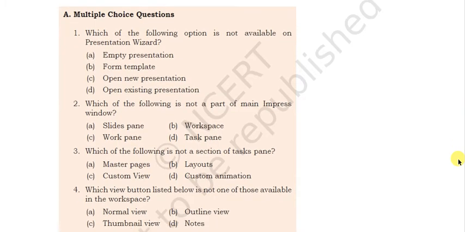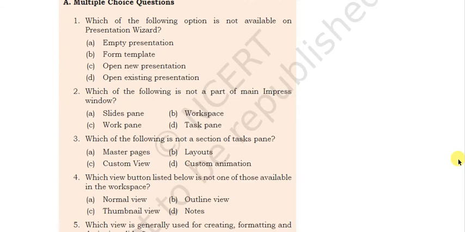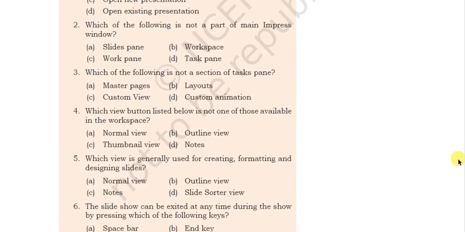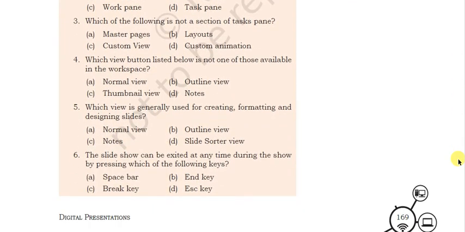So these are the multiple choice questions. All the questions are to be solved by you in your notebook, and these are very important from your examination point of view. So these are the MCQs.